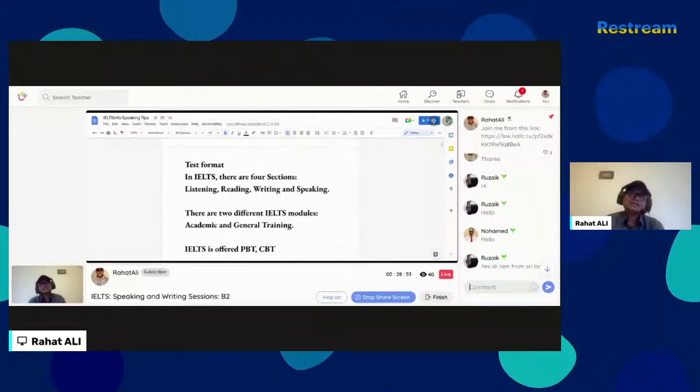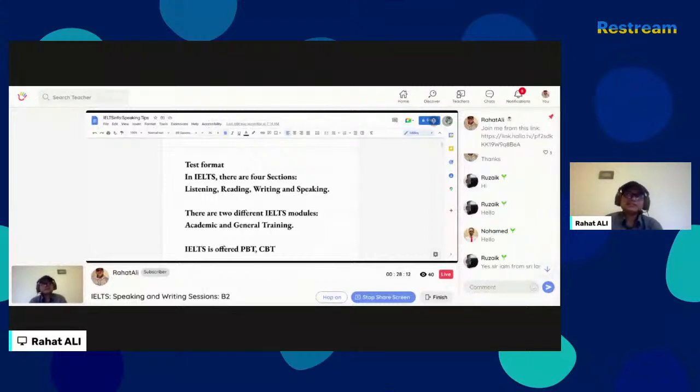All right, so the IELTS exam can be offered in two ways. One is PBT, paper-based test. Another is CBT, computer-based test. So what are the differences? As you might be aware, the listening part is an audio test. For the reading part in the paper-based test, you'll be given a booklet, a question paper, and you have to answer there. But in the computer-based test, the questions would be on your computer. You have to write your answer on the computer and submit it.